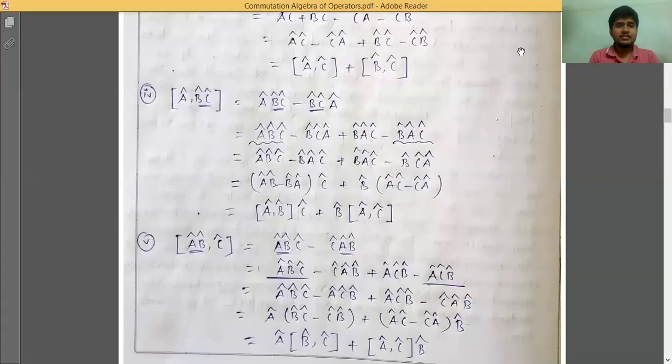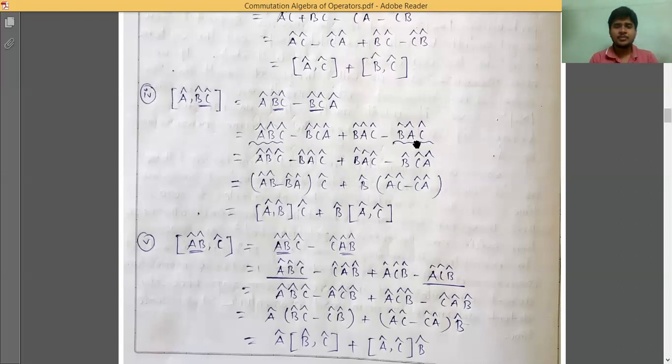Number 4 relation is [a, bc]. So at first expand the bracket. This bracket, as you all know from classical mechanics, is nothing but the Poisson bracket. So abc minus bca. Now take an example. Let's take the addition and subtraction of bac.